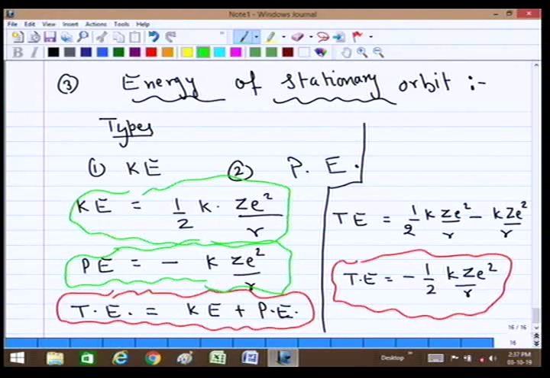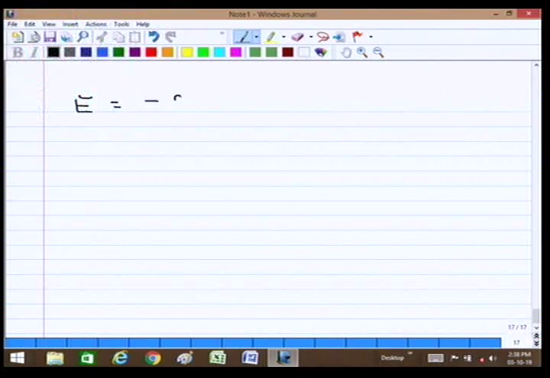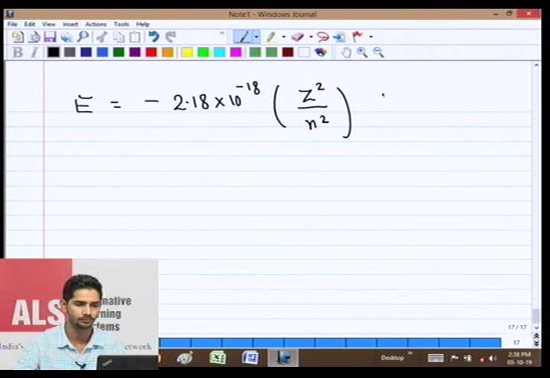Finally, the formula of total energy after putting in all the constants is minus 2.18 into 10 to the power minus 18 Z square by n square joule per atom.